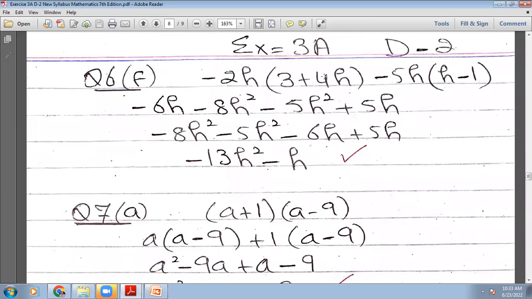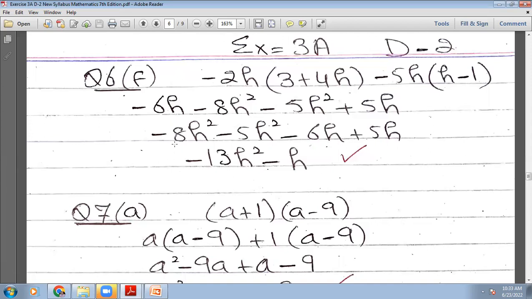Here we have negative, so the signs will change. Here we have negative, the signs will change. So when these two multiply, you will get minus 6h, and minus 2h multiplied with 4h will give you minus 8h squared. From here you will have minus 5h squared plus 5h.